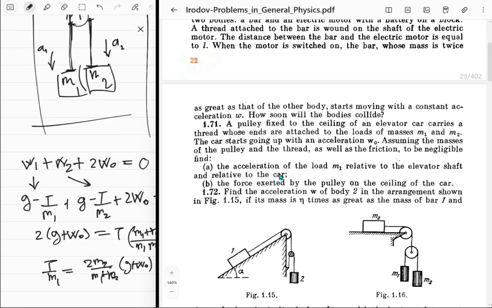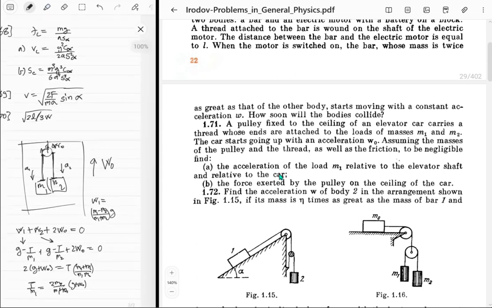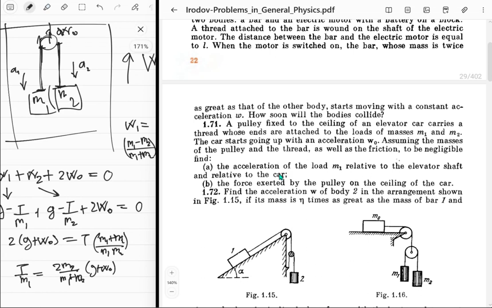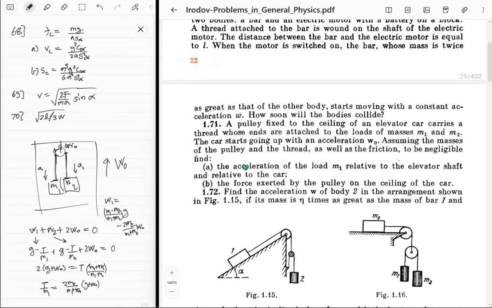So this is going to be G into 1 minus 2M2 upon (M1 plus M2), which is (M1 minus M2) upon (M1 plus M2) times G. And the other part is minus 2M2 upon (M1 plus M2) times W naught. So that is the actual acceleration in the ground frame.